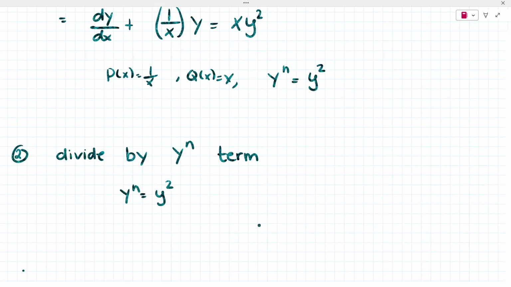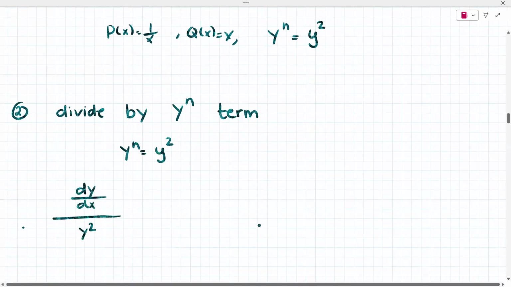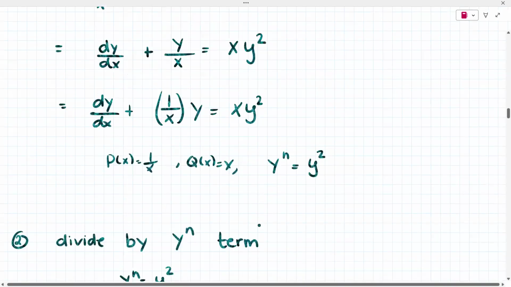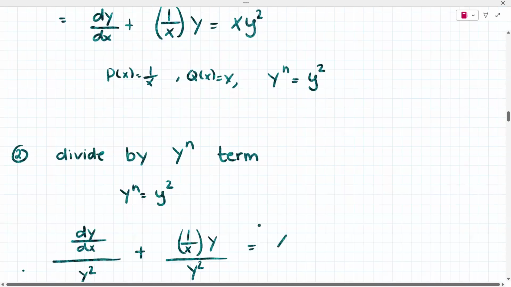It's going to be dy over dx over y squared, plus 1 over x times y over y squared, equals x y squared over y squared.